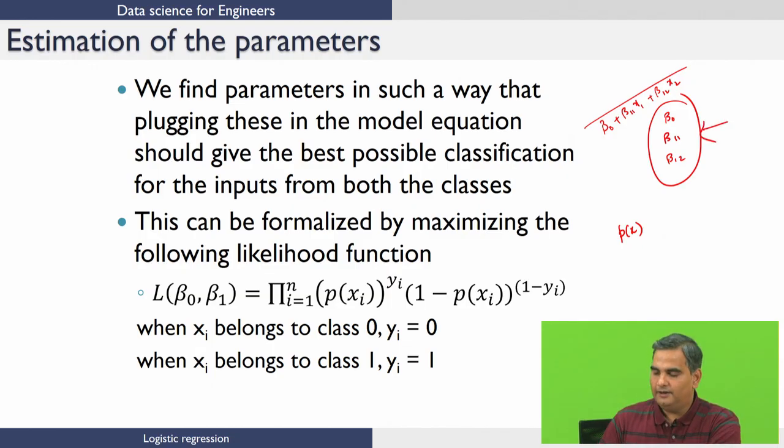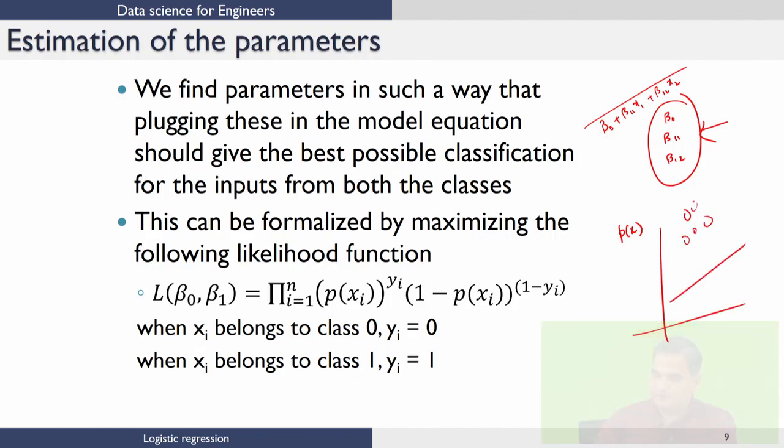Obviously, if we are looking at a classification problem where I have one class on this side and stars on this side, I want to identify beta naught, beta 1 1 and beta 1 2 in such a way that this classification problem is solved. So, I need some objective for identifying these values.